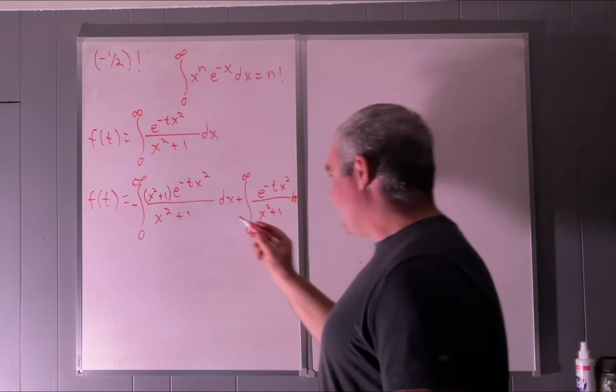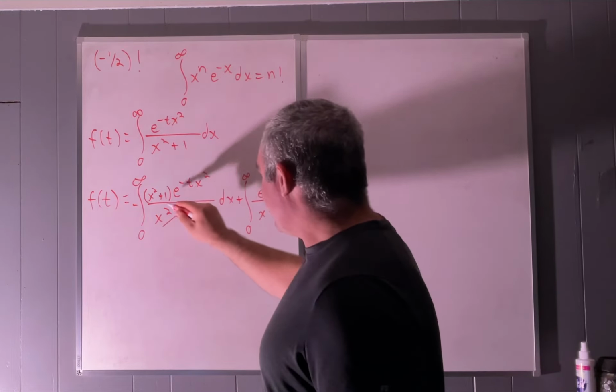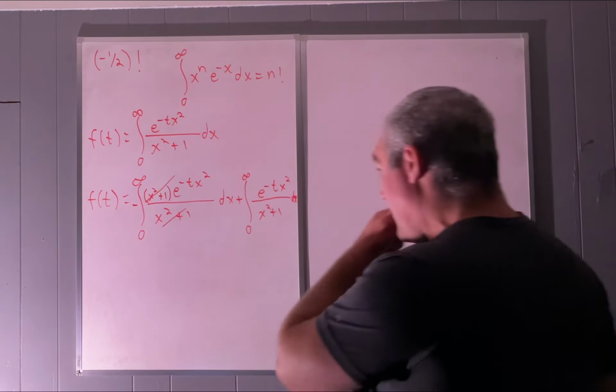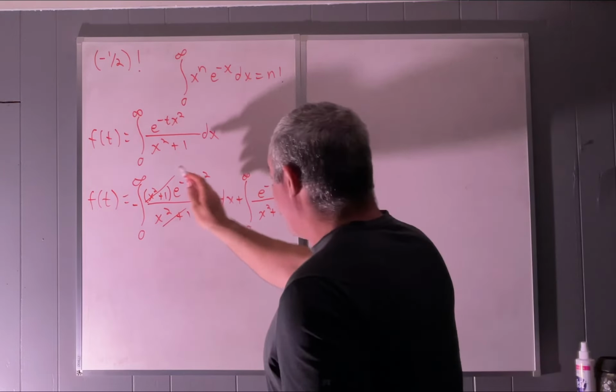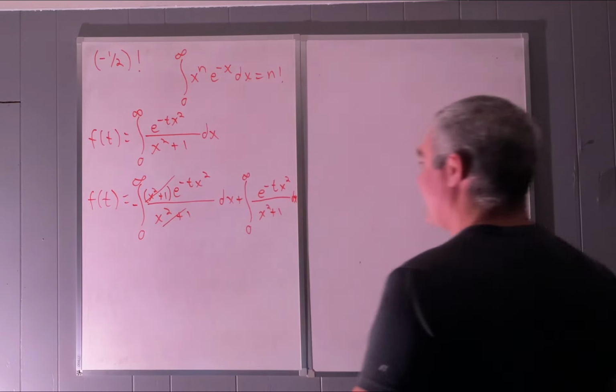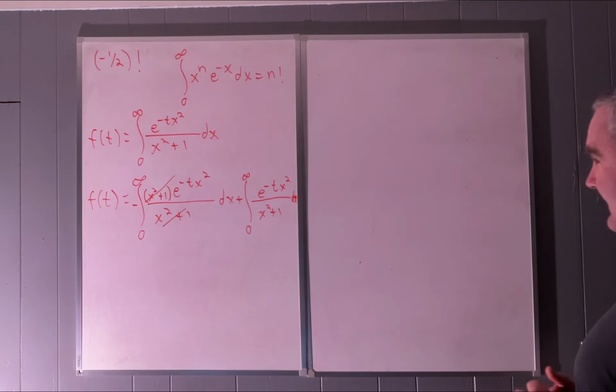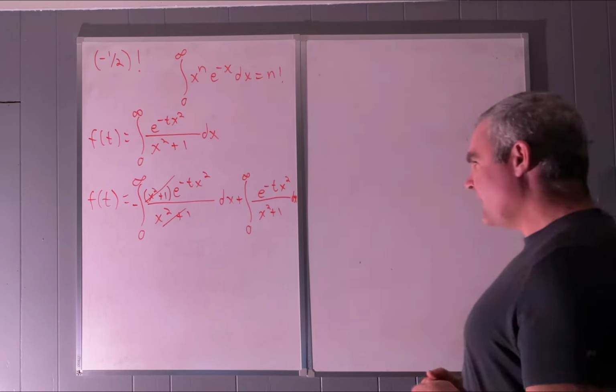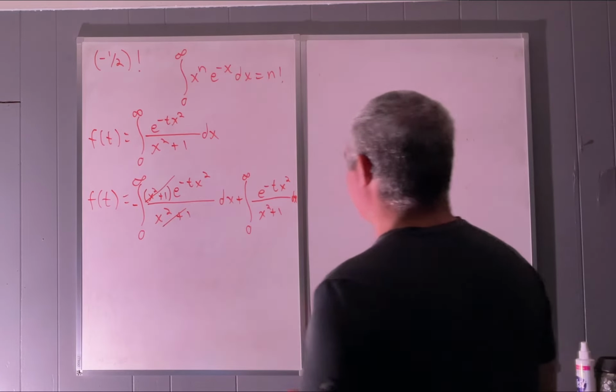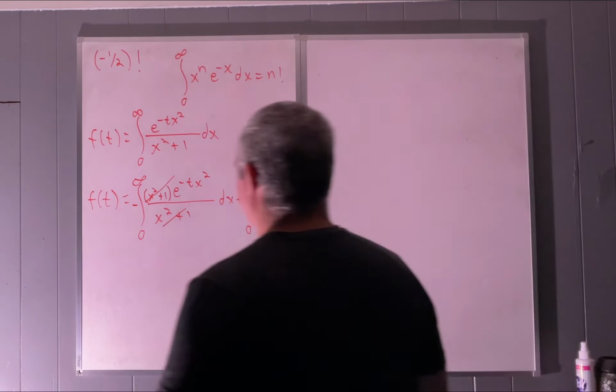So that's right. And of course, this and this will cancel. And then this becomes kind of like a Gaussian integral, a little bit. Not quite though, so we're going to have to make a substitution.